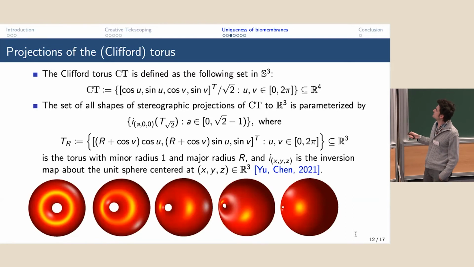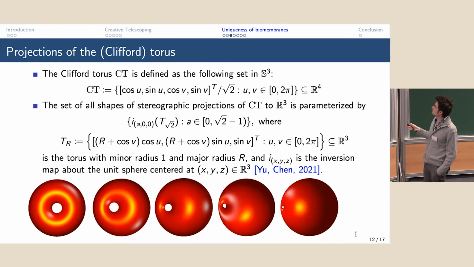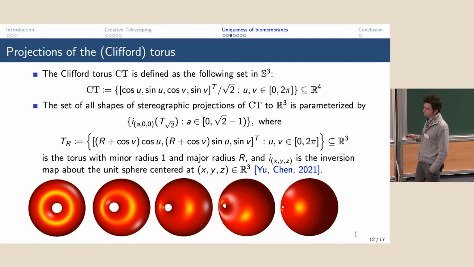We define I of x, y, z as the inversion map about the unit sphere centered at x, y, z. And what Yu and Chen first prove is that the shape of the projection of the Clifford Torus is just given by applying this map, where x is some parameter a and y and z are 0, to this Clifford Torus.